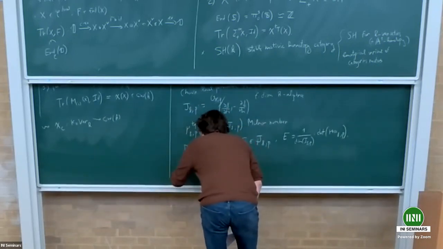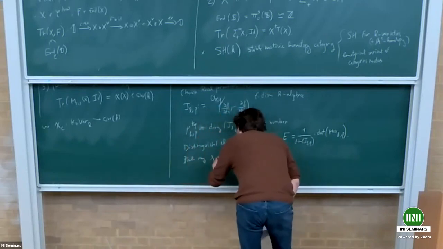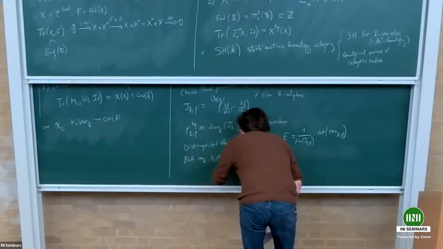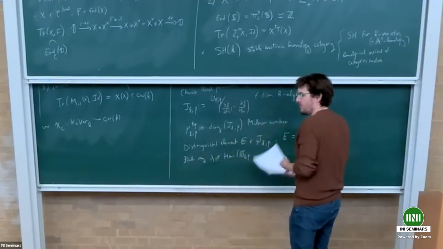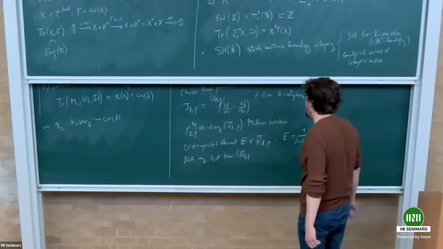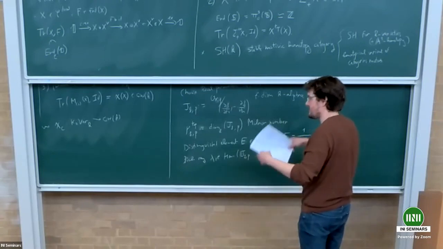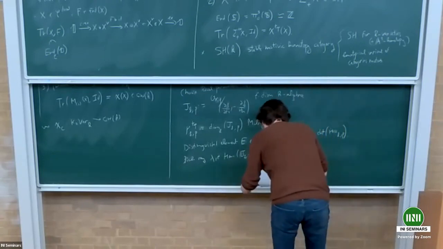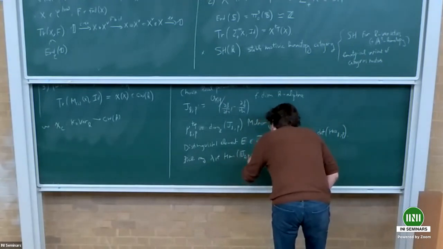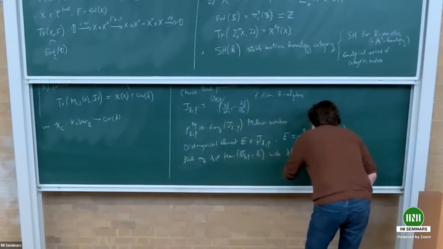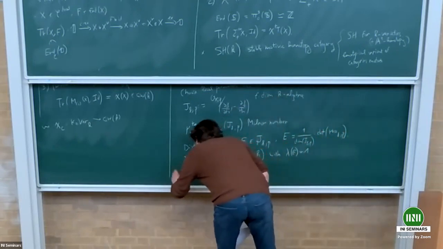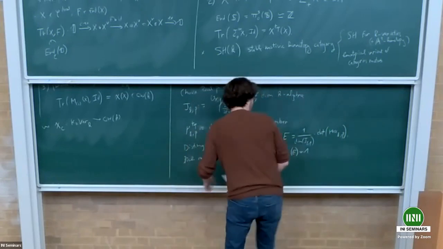Then you pick any linear form, let's say lambda. The fact that we're making all these choices is just because we are taking some intrinsic construction coming from Grothendieck duality, and we're writing it in a more concrete way, but then you have to make choices. You take any linear form with lambda of E equal to 1.